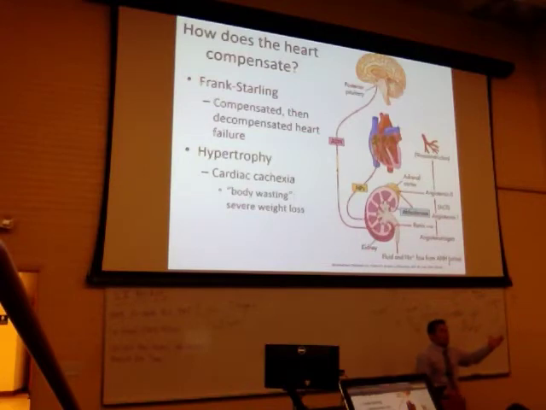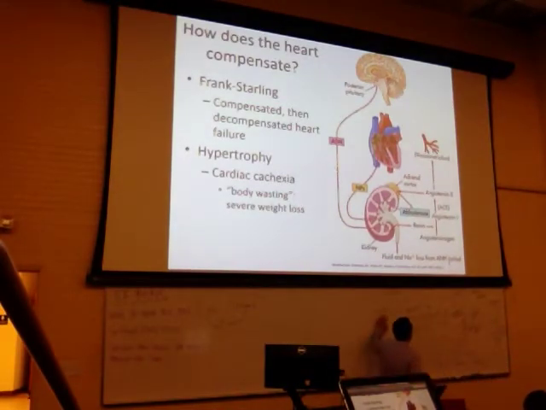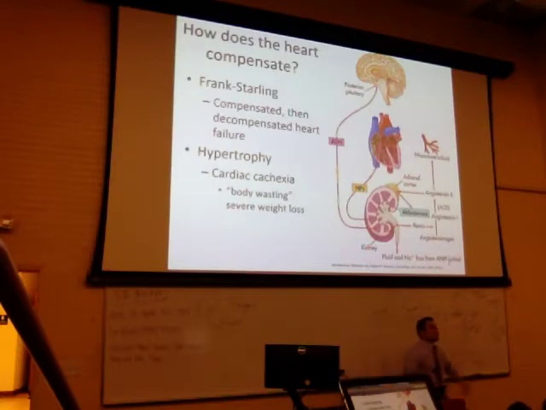But Frank-Starling's law of the heart also says that if you start influencing the output, eventually you'll decompensate because it'll make its way over to the right side, or the inflow side of the heart. Okay, so these compensatory mechanisms only last so long, and then the patient continues to fail and progress.